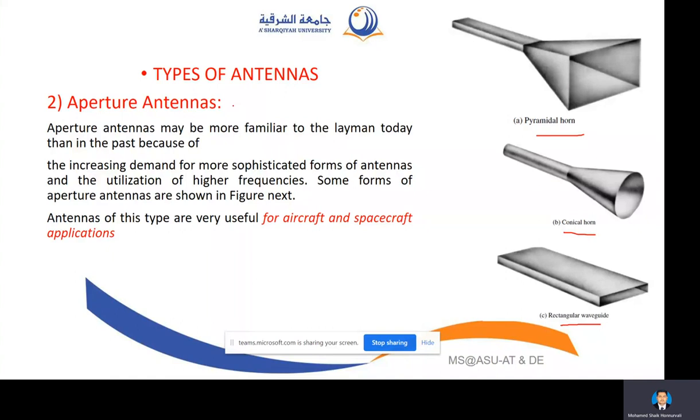For example, if you want to do communication at 60 gigahertz, millimeter wave frequency, or maybe you want to go higher than millimeter wave frequencies. So you may notice these kinds of antennas are used because these are highly directional in nature. Okay, so aperture antennas are highly directional in nature.